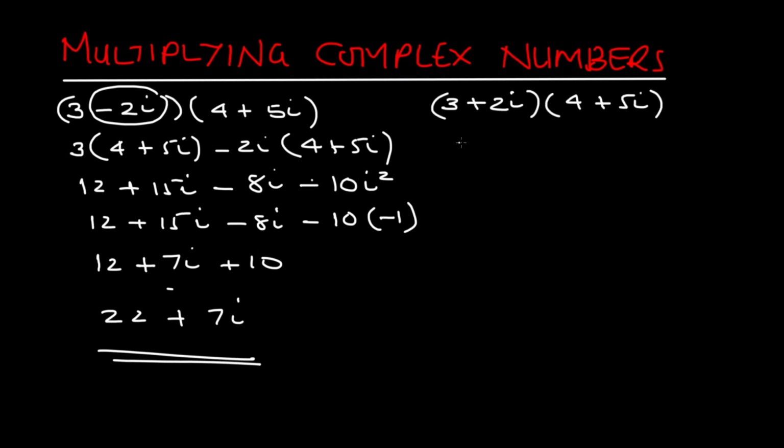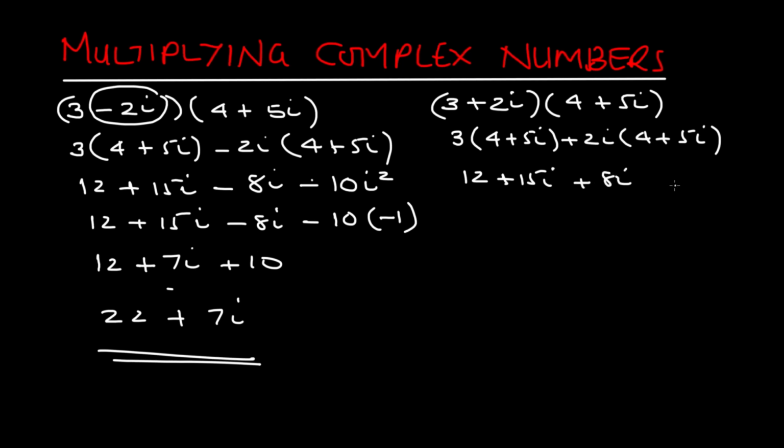So it's what you know already. It's just that now you need to know how to work with the imaginary aspect, the i. So now here, let's try again. We're going to split the first one. It really doesn't matter. You can even split the second one to still get you to the same answer. I like to split the one with the smaller numbers. So here I have 12 plus 15i, then plus this one will give us 8i, right?